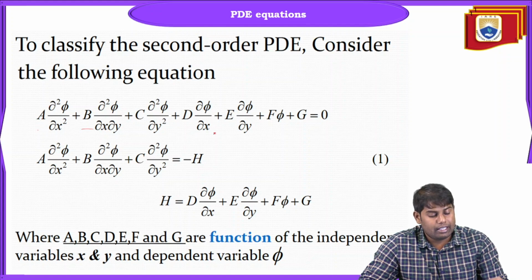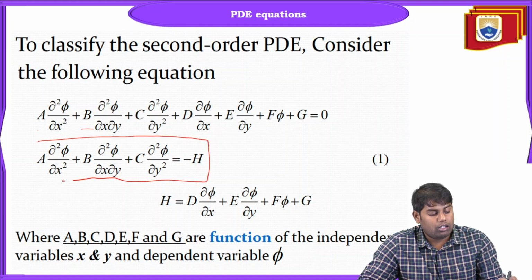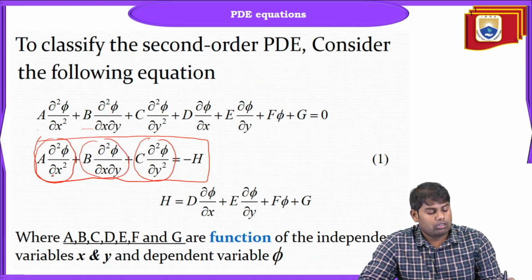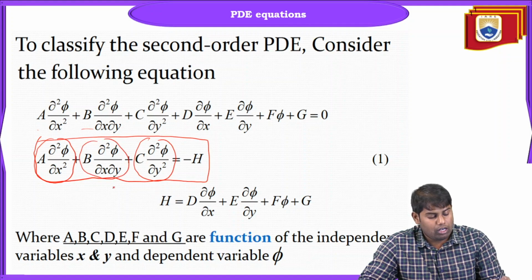So this is the generalized equation, and from this we have the second order partial differential equation, which is of 2D. Here you can see we have a derivative with respect to x, and in the third term we have a derivative with respect to y. This is called the mixed derivative. So this is equation one.